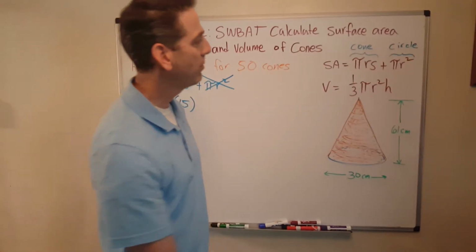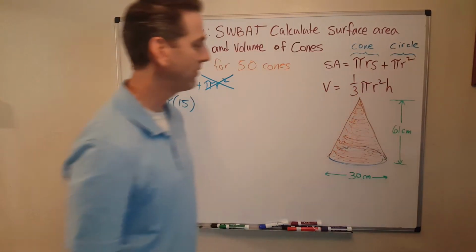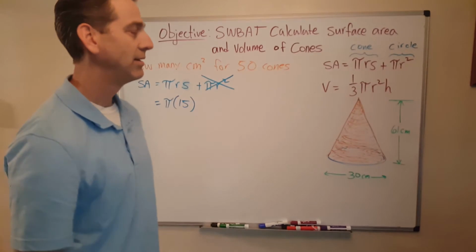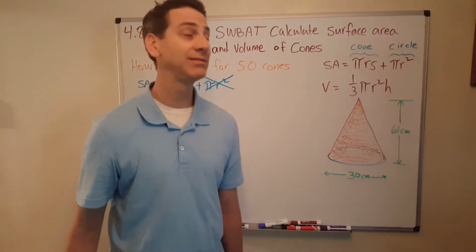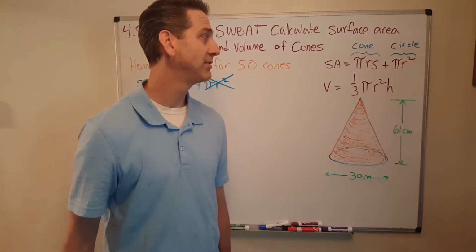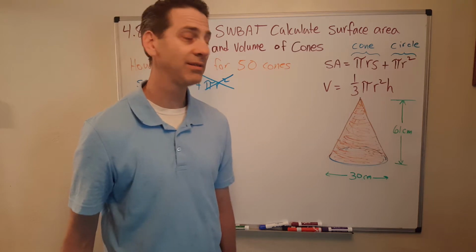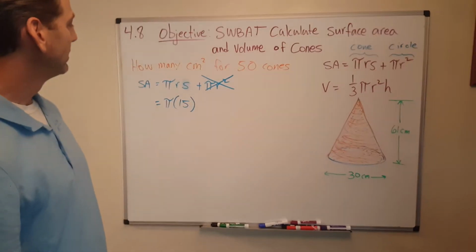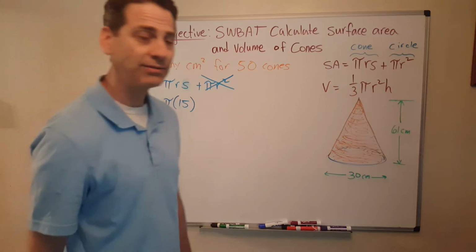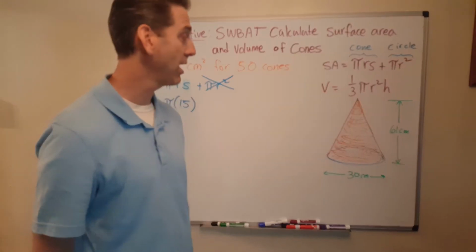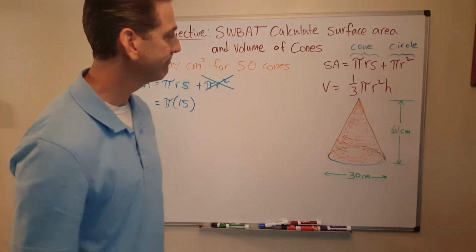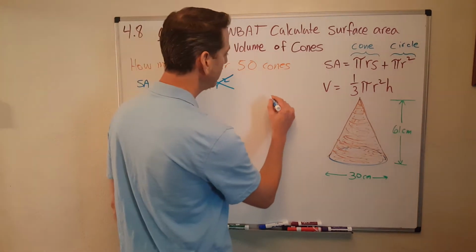Now, what about S? What is S? S is the slant height. What is the slant height of this? Well, it's not given, is it? So that means we're going to have to figure it out. Take a look at this.